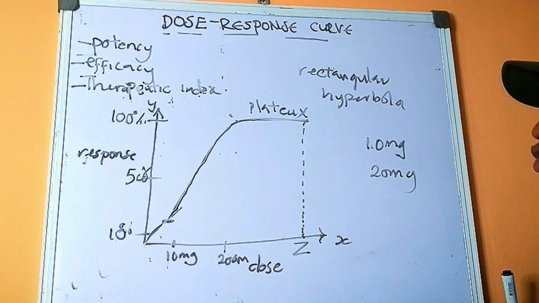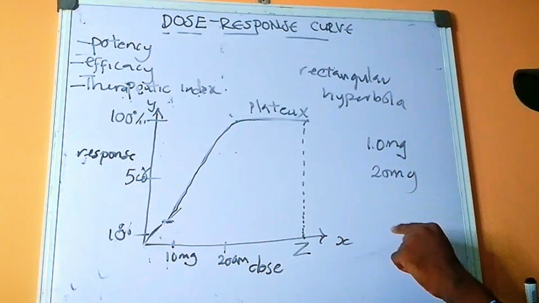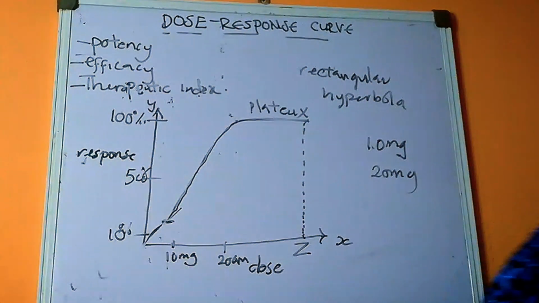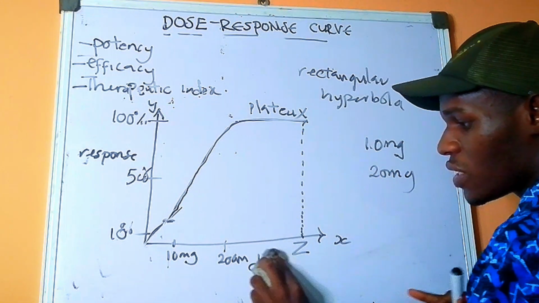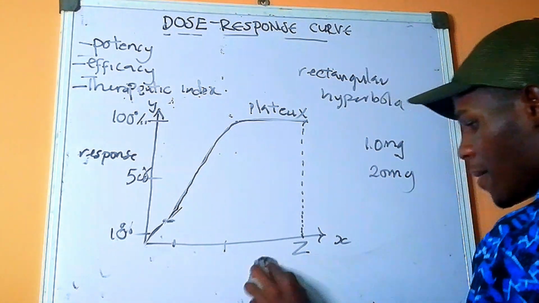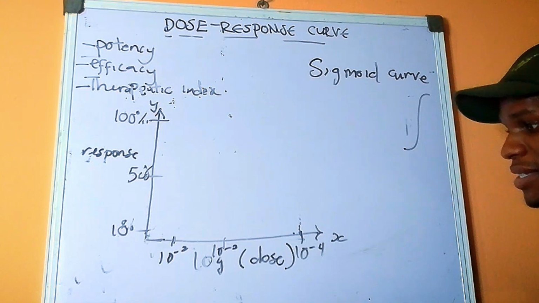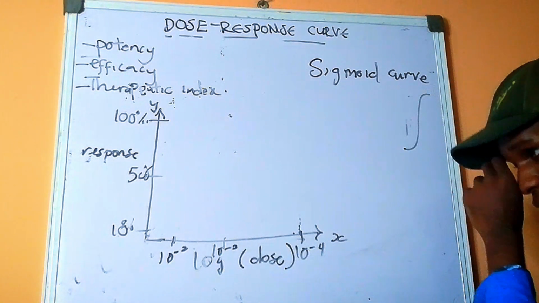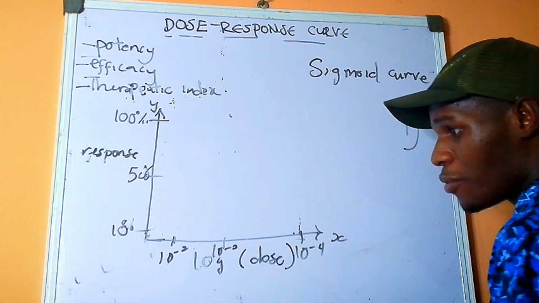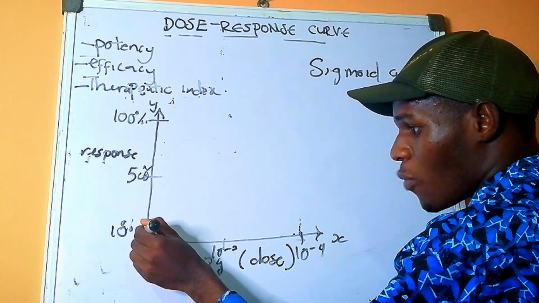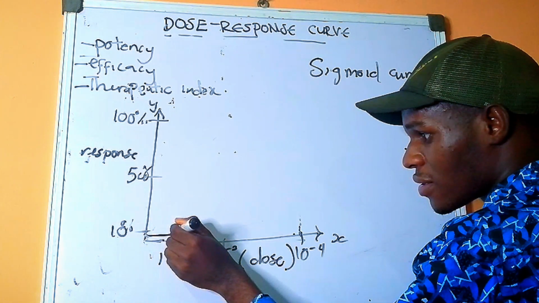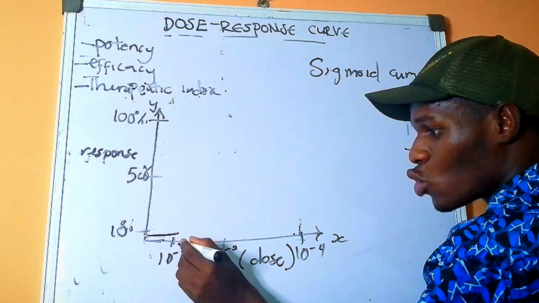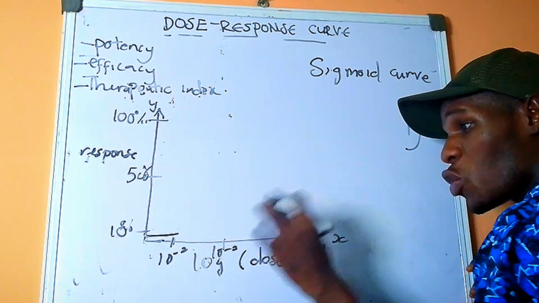But in pharmacology, we normally use the logarithmic dose response curve. So if we're going to plot this particular dose in logarithmic terms, I'm going to start administering a particular dose of paracetamol, for example. There will be no noticeable response or no noticeable effect seen. There will be a particular dose whereby it will reach its threshold level.